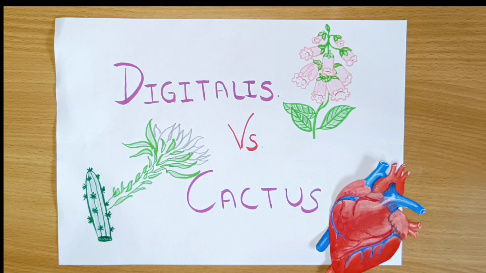And anybody who is in college, especially in second year, has this definite question in their syllabus, which is comparison between digitalis and cactus for heart disorders, or comparative questions, right? So it's going to be helpful for them as well. So let's start this video. My sister is going to take it as I told you, and I'm sure you'll love it.